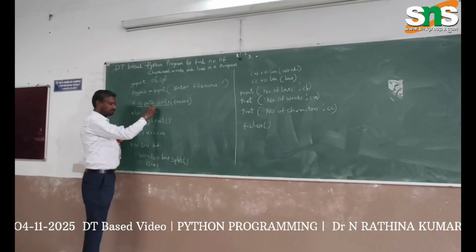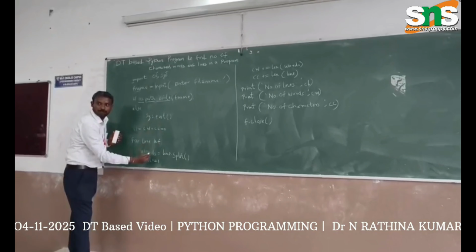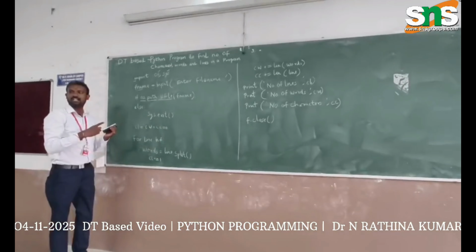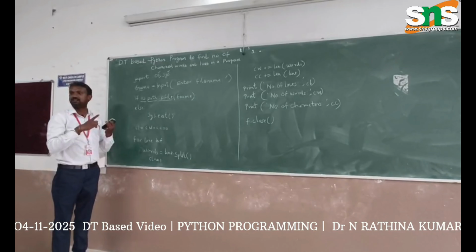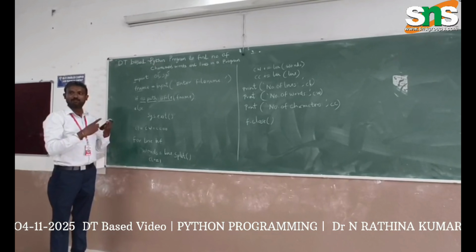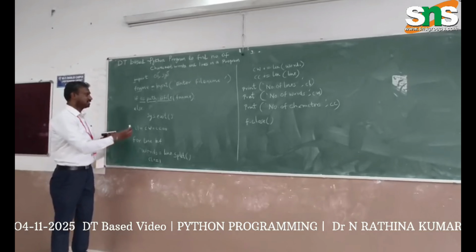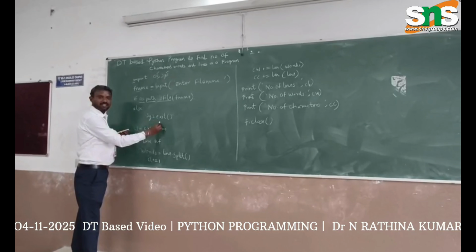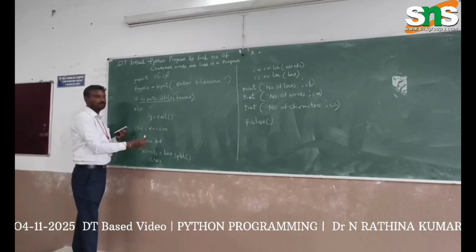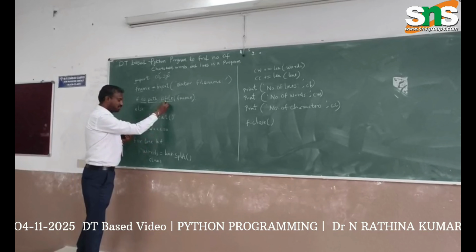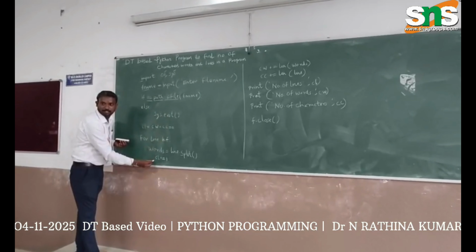If the file exists, we can go to the process, which means we are going to calculate the number of characters, words and lines. Suppose the file does not exist, then the program exits. If the file exists, then we come to this particular line.